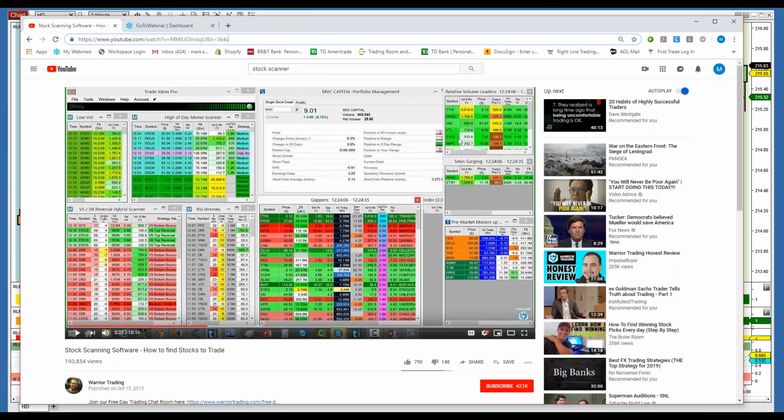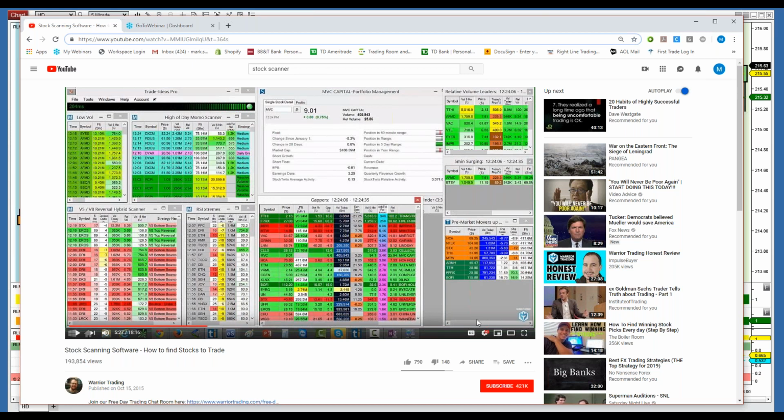Now, if this was smart enough to put, say, a gapper in with volume, in with relative RSI, in with high of day and momentum, add all those together, and then give you on one instrument a buy or sell signal, that's a real scanner.